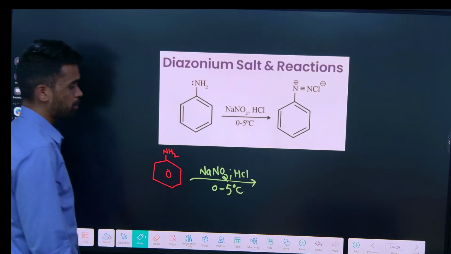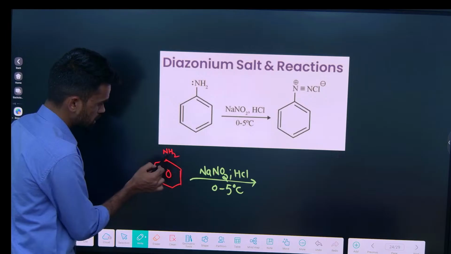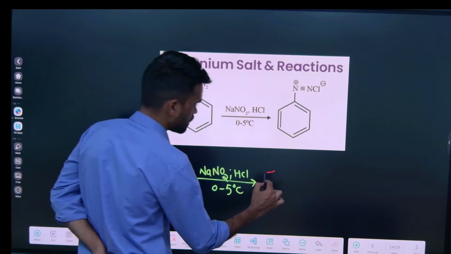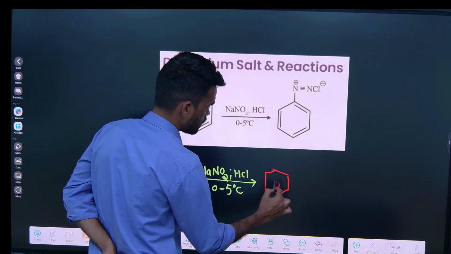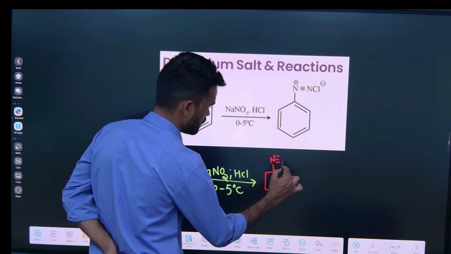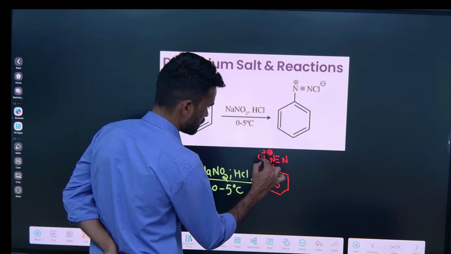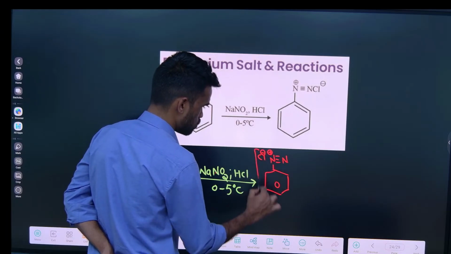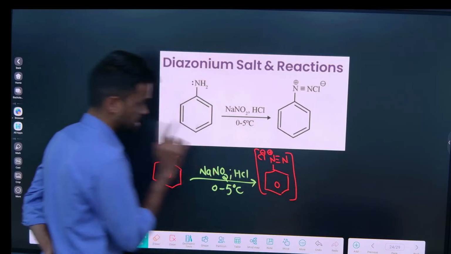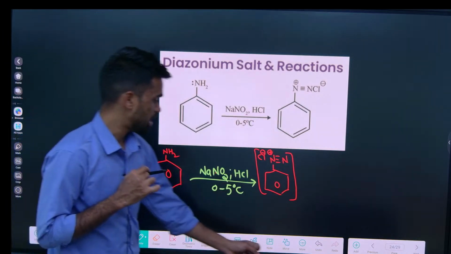Now this nitrogen makes a diazonium, like N triple bond N plus. It's a salt, cation and anion, so a diazonium chloride salt is formed, and it is an unstable species.